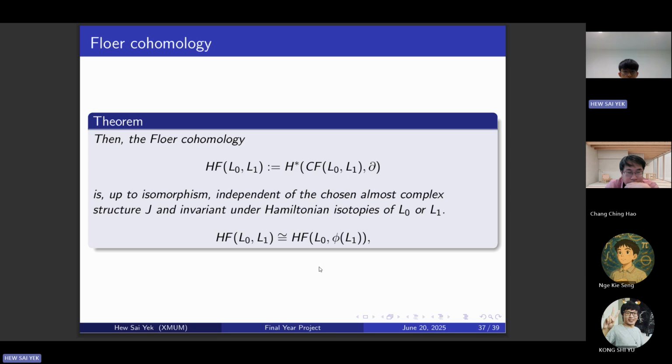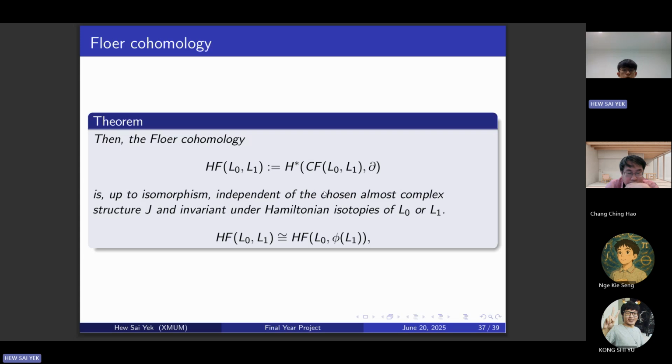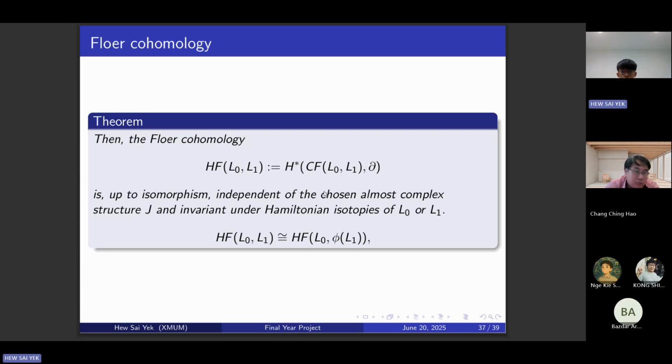Then this completes the proof, so the Floer cohomology is well defined. And moreover, the Floer homology is independent of the choice of almost complex structure J and invariant under the Hamiltonian isotopy.